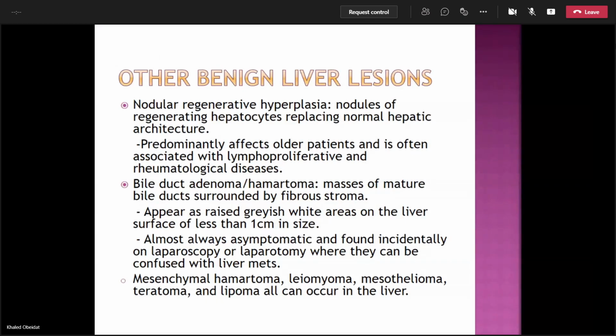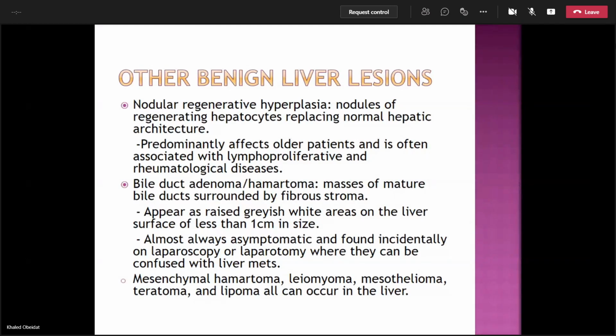Other benign liver lesions include nodular regenerative hyperplasia, bile duct adenoma, hamartoma, mesenchymal hamartoma, leiomyoma, mesothelioma, lipoma.